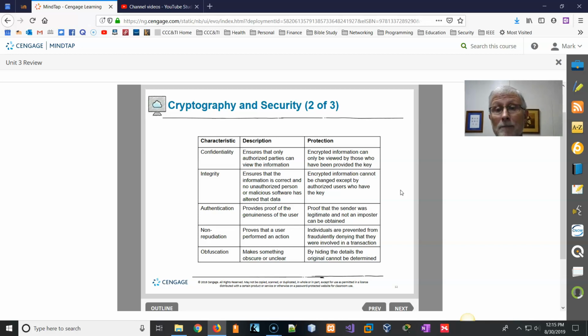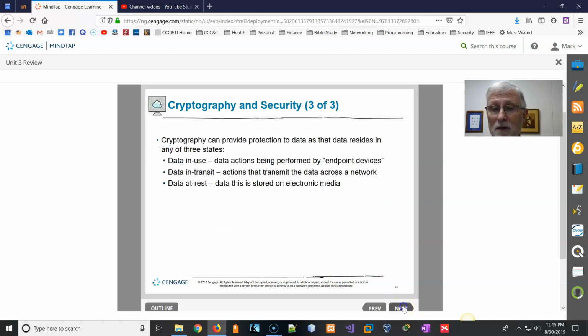Integrity can't be changed except by the ones that have the key. Authentication is just proof the sender is legitimate, not an imposter. Non-repudiation says individuals are prevented from fraudulently denying that they were involved in the transaction. And then obfuscation says, I'm hiding details that nobody else can determine.